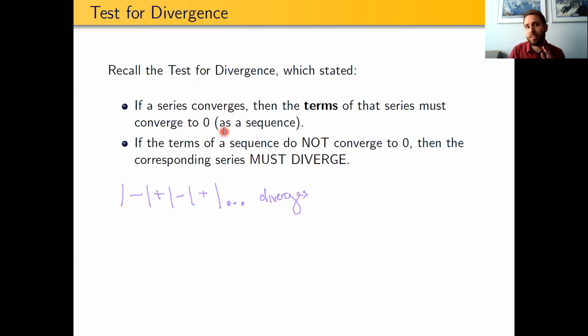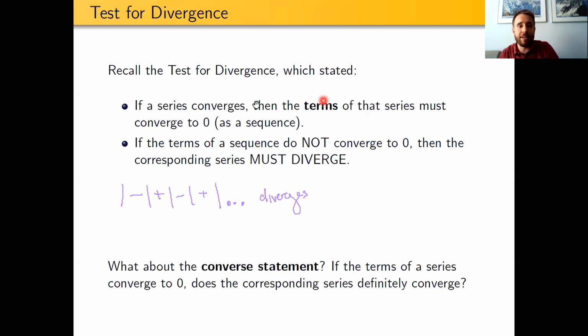What I am interested in exploring today is the converse statement. In other words, if a series has individual terms that converge to zero, is it necessarily true that the series itself converges? Right? So the converse statement, as a reminder, is a logical statement in which the two clauses have their order flipped.